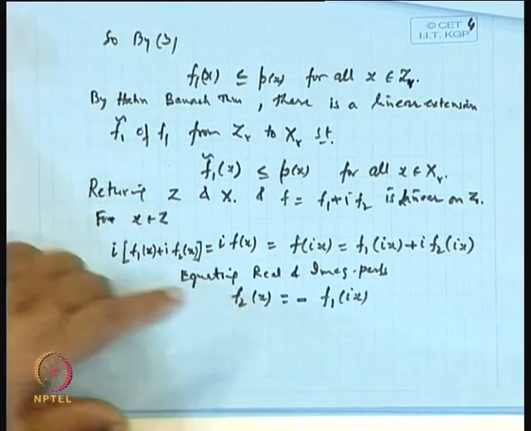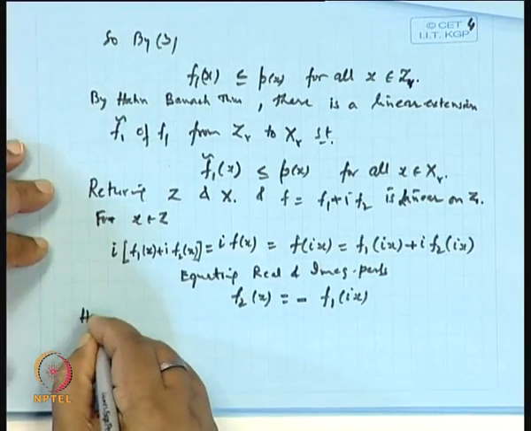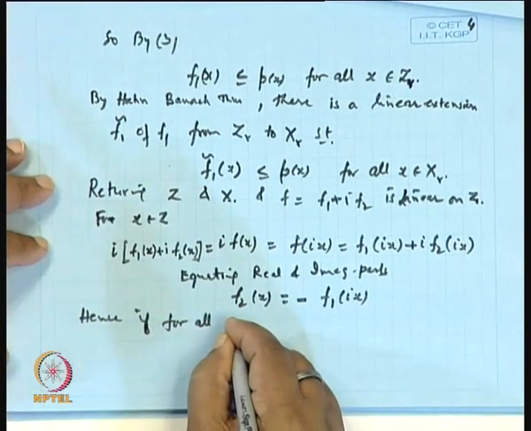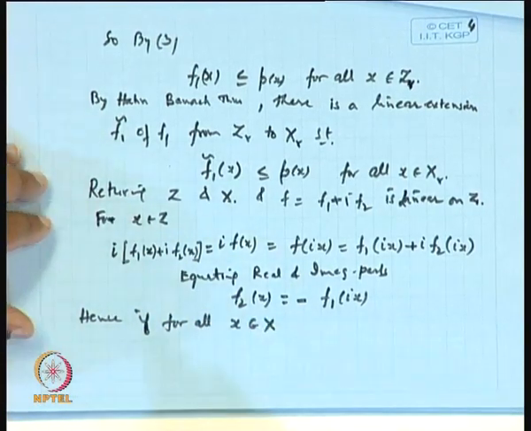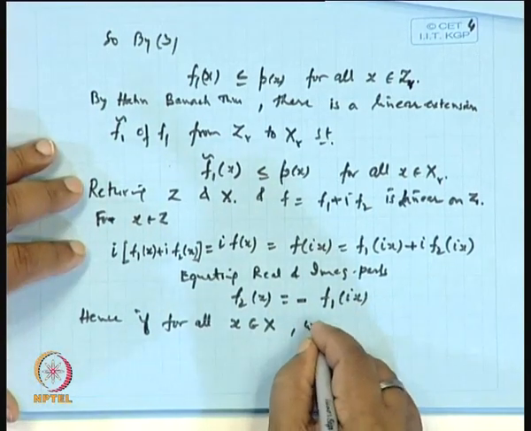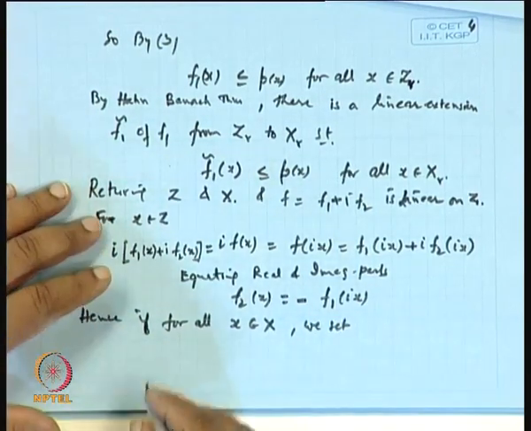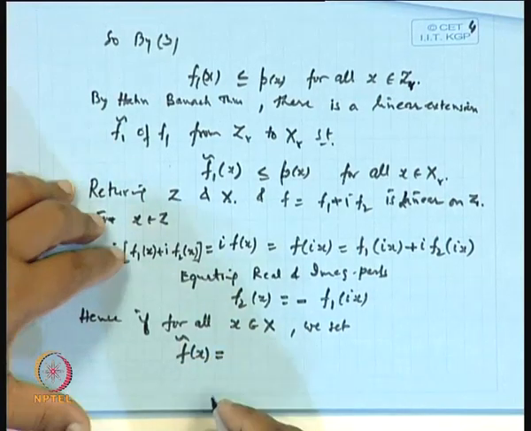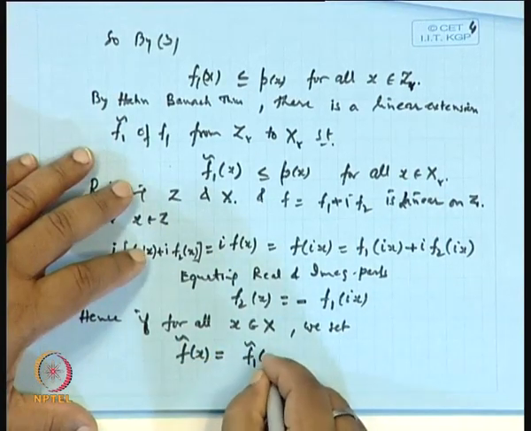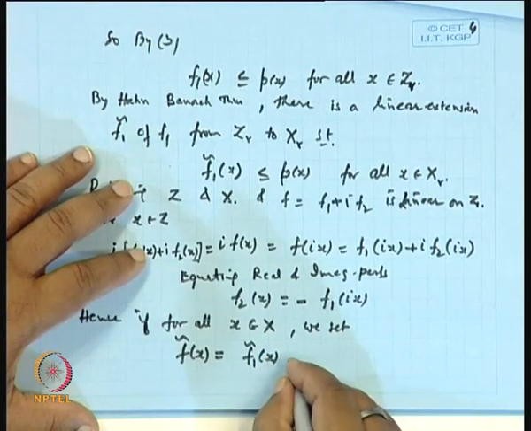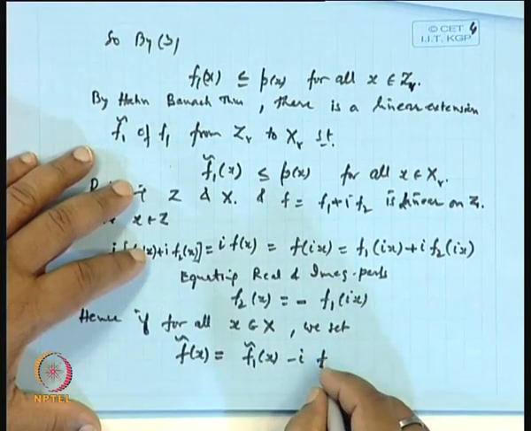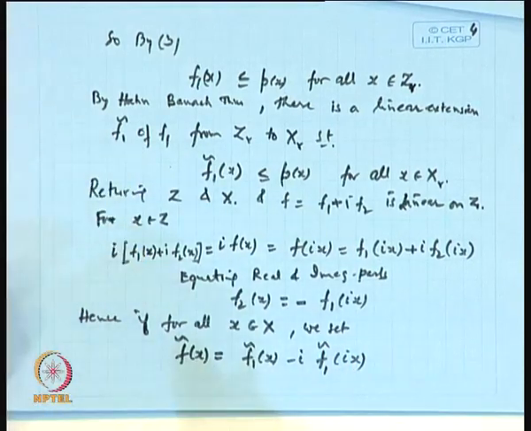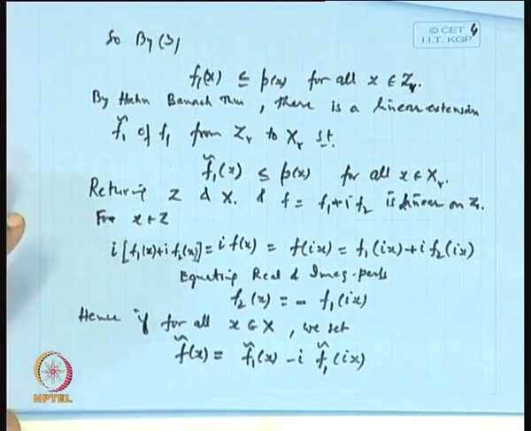Hence, for all x belonging to X, let us set the functional f delta(x) as f1 delta(x) minus i times f1 delta(ix). Okay.